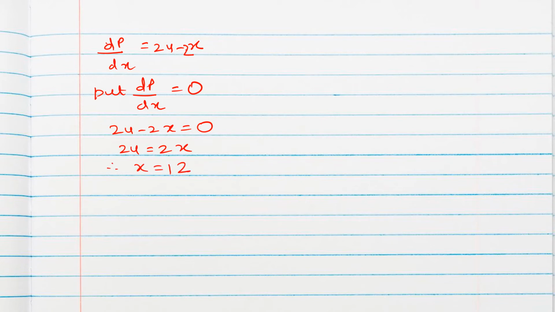Now we will find the second order derivative to check whether the function attains a maximum value or a minimum value. Since dp by dx is 24 minus 2x, the second order derivative d square p by dx square will be, derivative of 24 is 0 and derivative of minus 2x is minus 2, which is negative and independent of x.